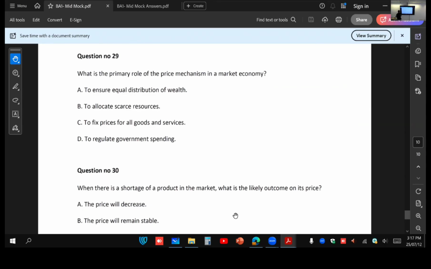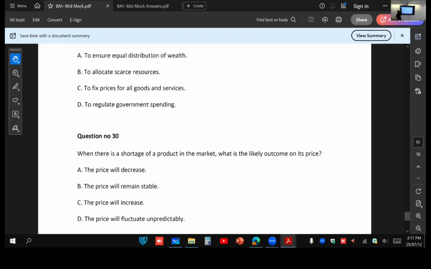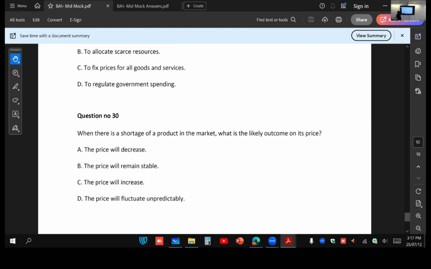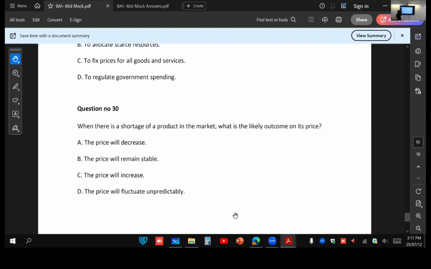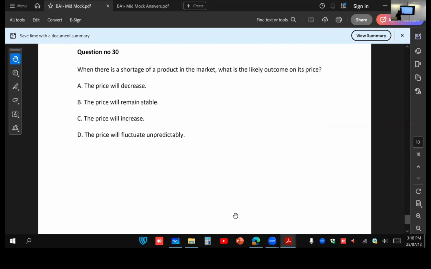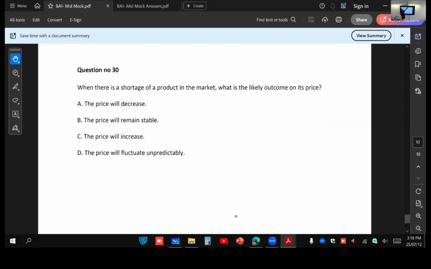Yes? A, B, C, D. Yes, to allocate scarce resources. That's the basic economic problem. When there is a shortage of a product in the market, what is the likely outcome on its price? Simple. Shortage of a product in the market, price will increase. So that's easy.